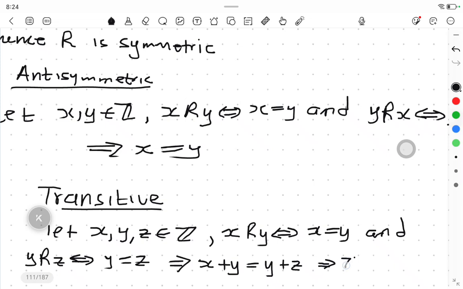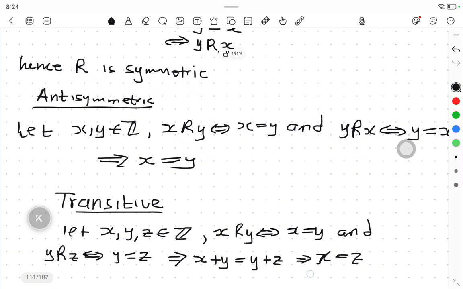This implies that x is equal to z. And what does it mean when x is equal to z? This can only occur if and only if x is related to z. According to the definition, this only happens if the two are related. So now we have proven this according to transitivity.